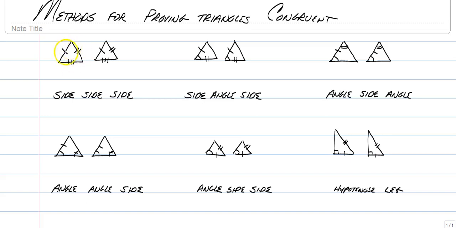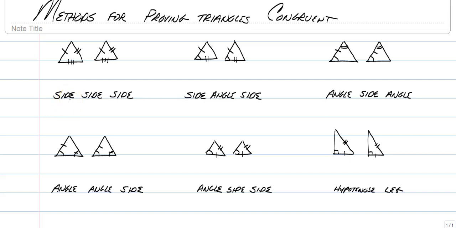It means one side in this triangle corresponds with another side of a different triangle. This one would be the congruent part of another triangle. So each thing represents one triangle to another, not within one, but the pattern still works. So we have side, side, side. We have 3 side markings in a triangle.